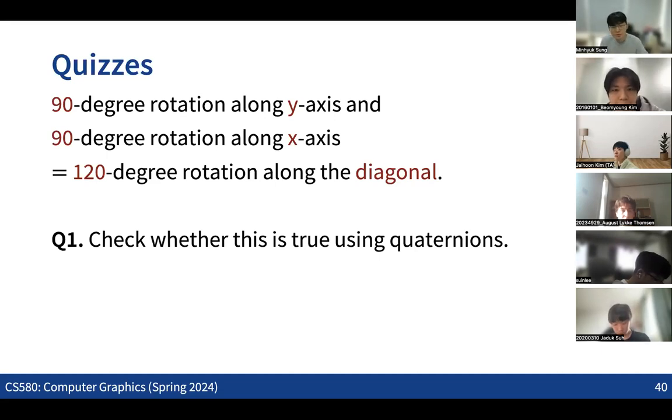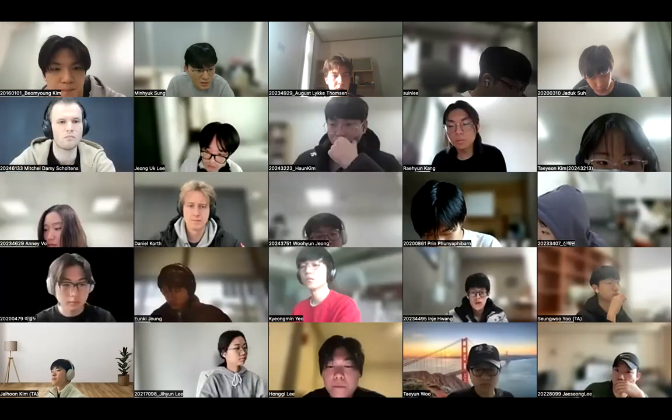Maybe you can check out the answer. I'll also post the solution later, but you can just quickly compute the quaternions, multiply the two quaternions, and see.